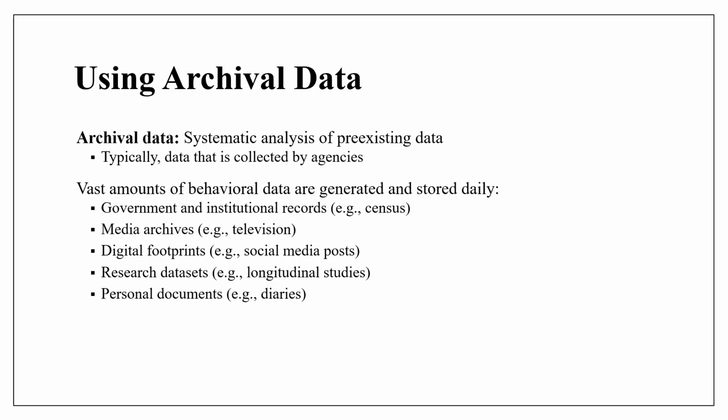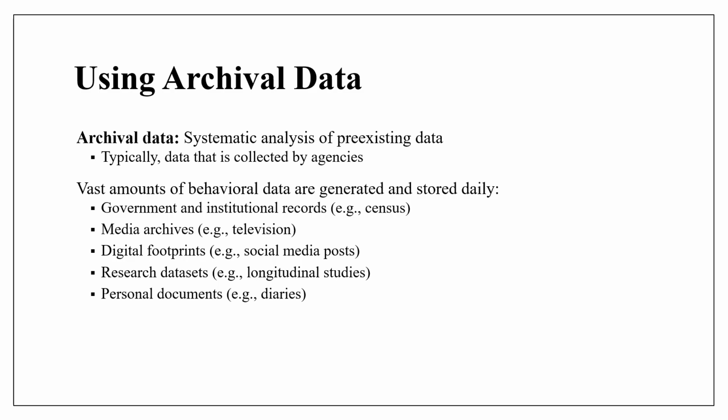Now, especially with the technology that we have nowadays, there are vast amounts of behavioral data that are generated and stored daily. Again, we have various government and institutional records that collect data and put it out there, and it's available for people to access. So for instance, we have data from the census that includes a lot of different information from people in the United States.